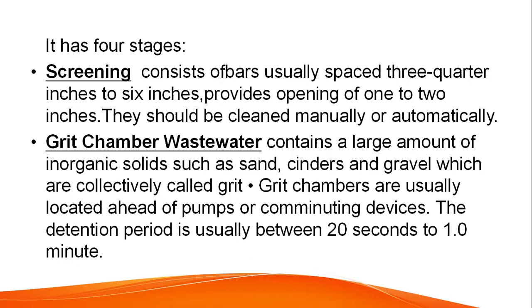They should be cleaned manually or automatically. There is usually a bar spacing of 1 to 2 inches, and they are placed at an angle of 45 to 90 degrees, vertically or horizontally. The main point is that they should be cleaned manually or automatically, if possible, it is your choice. So screening is the first part.